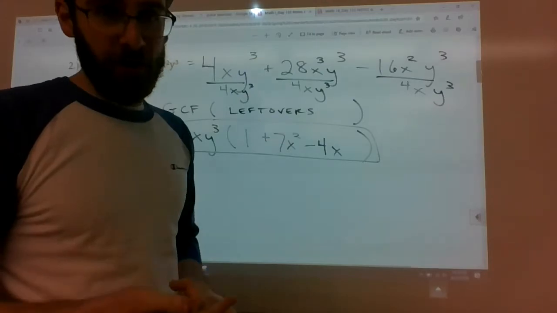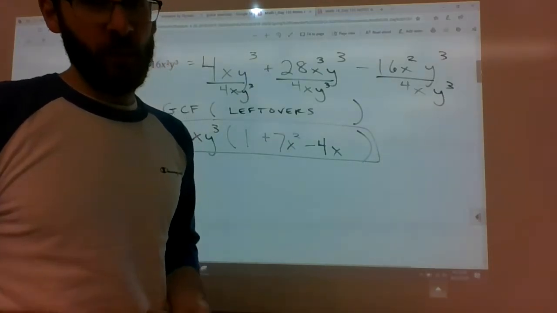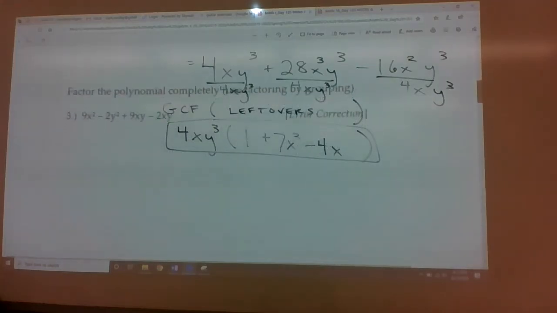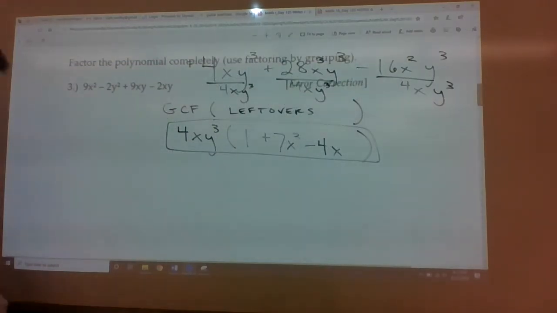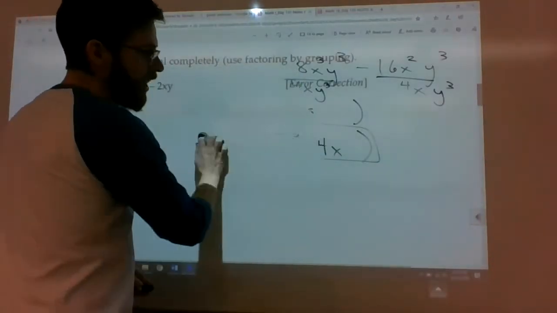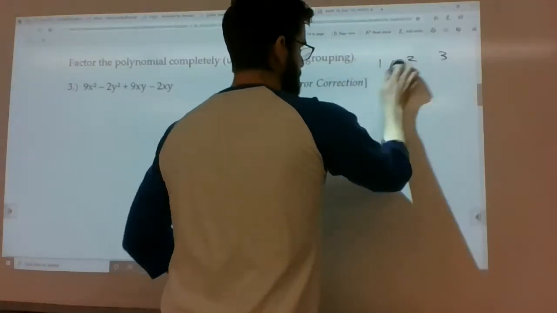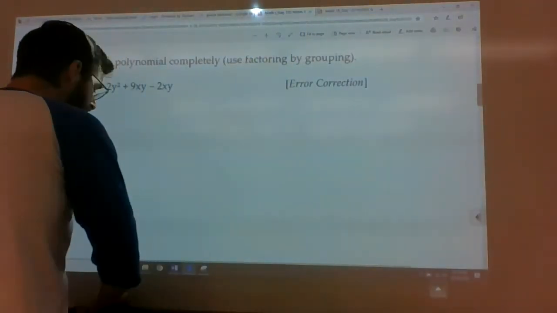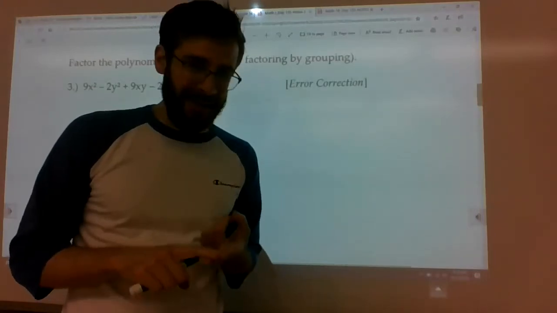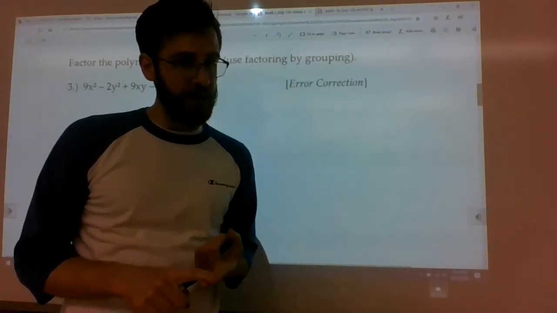Now, getting to the heart of the matter, factoring by grouping. On the last video, I told you guys about needing to rewrite polynomials to make them factorable when you do factor by grouping.